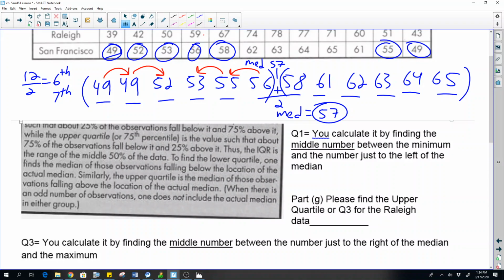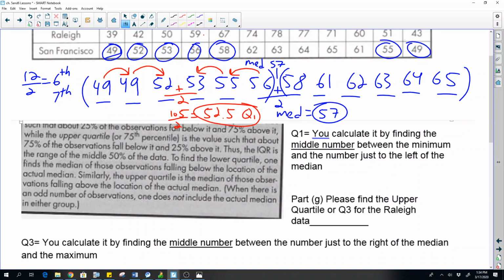Those are the two median numbers we add together and divide by 2, average them. 52 plus 53 is 105, divided by 2 gives 52.5. That's going to be Q1.